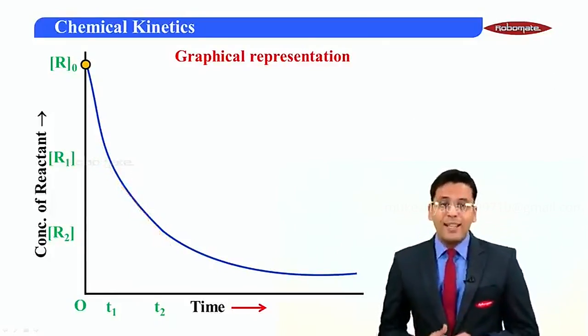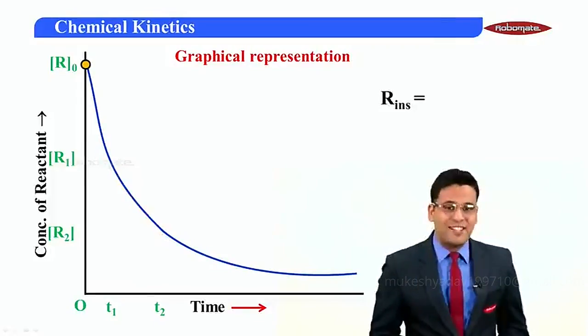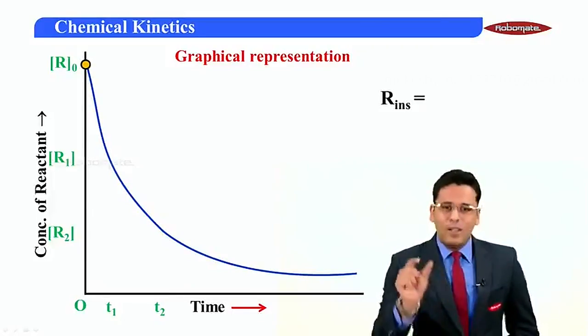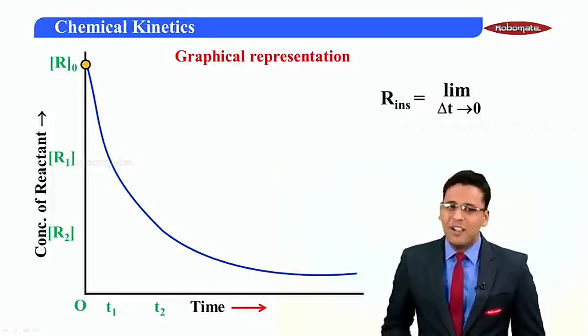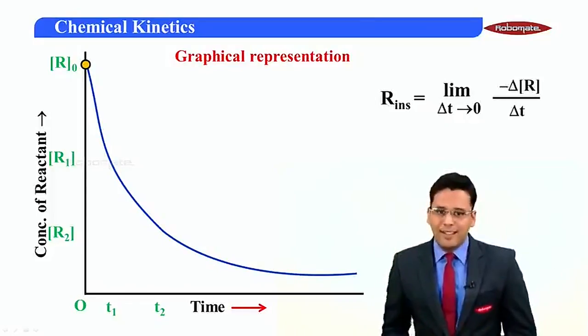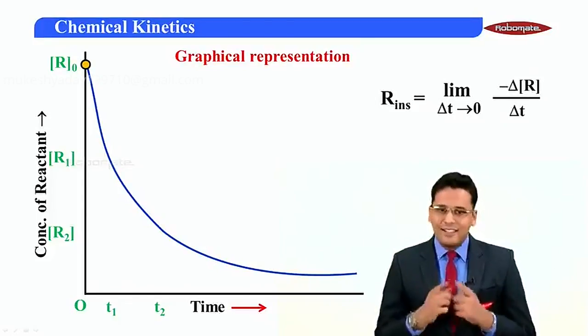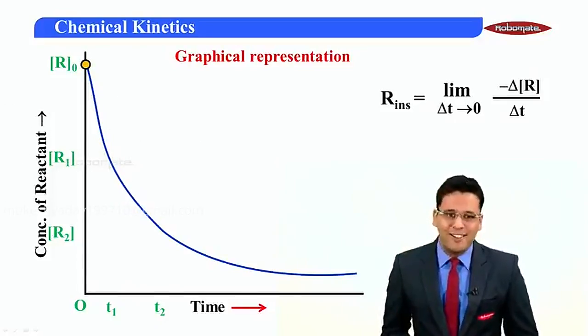So basically, instantaneous rate is the same as average rate, just that your interval is so small it tends to zero. So basically, you apply a limit to the earlier formula. That's it. It's the same as average rate, just your interval is way too small.